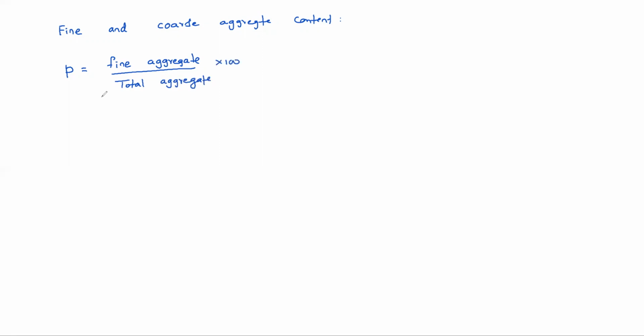Based on this, you can find the total aggregate. Total aggregate equals fine aggregate by P into 100, right? Based on this, we will find the fine aggregate content.